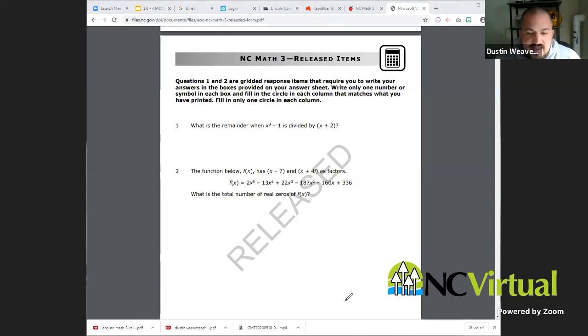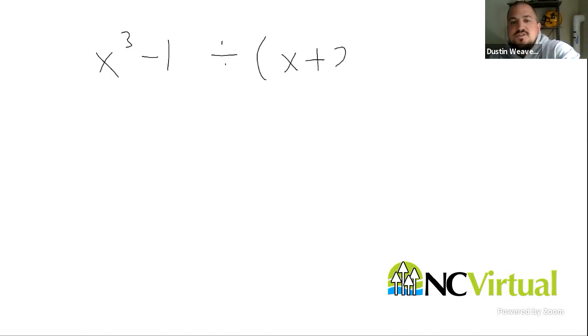All right, so let's look at synthetic division. I'm going to go back and share with you my whiteboard. So we're going to take x to the third minus 1, and we're going to divide it by x plus 2. That's our problem.